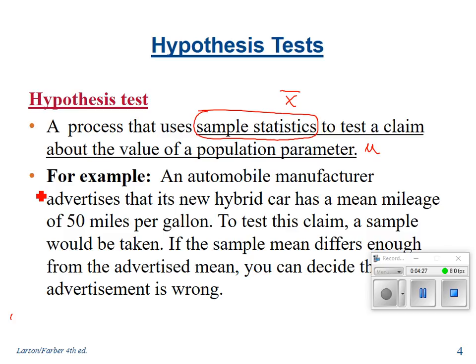So we're going to have to take a sample, drive those samples, see if they get 50 miles to the gallon on average, and decide whether their advertisement is wrong or not. Now, what if we take a sample and figure out that they get like 48 miles per gallon? Does that mean that they were ripping us off? Not necessarily. That's pretty close, right? And that's what we're going to decide.